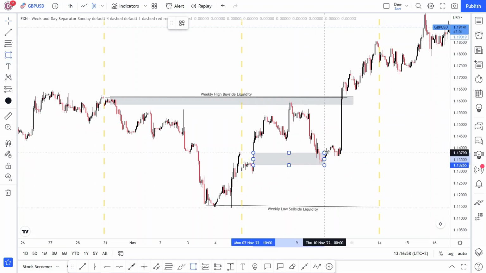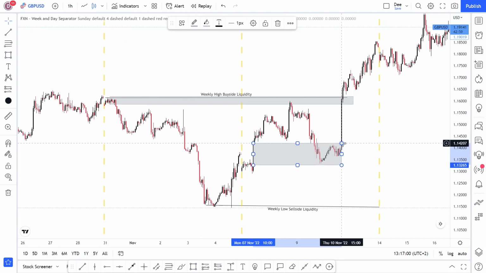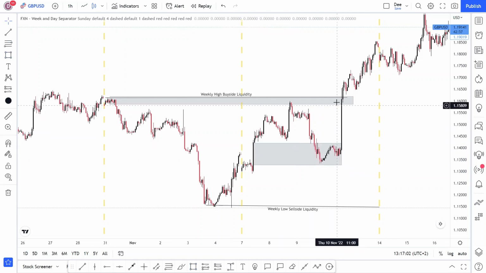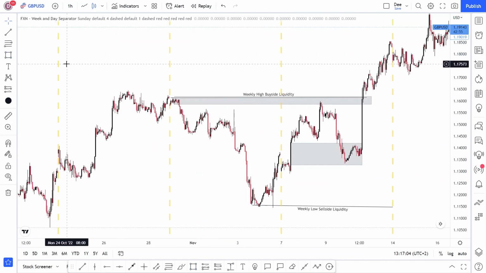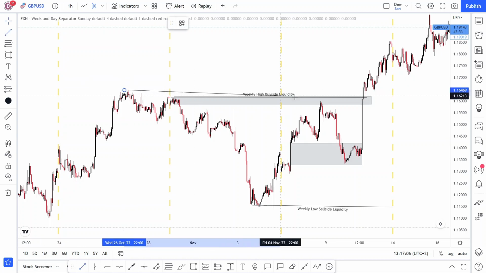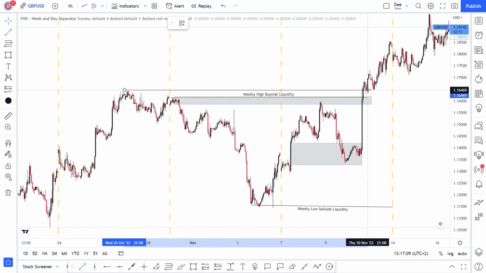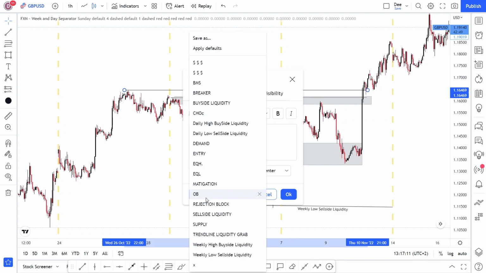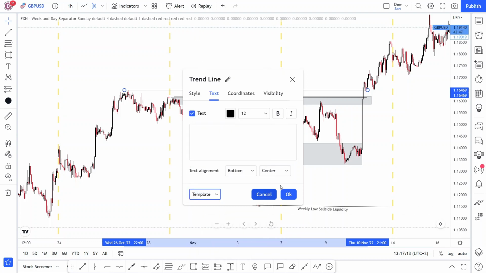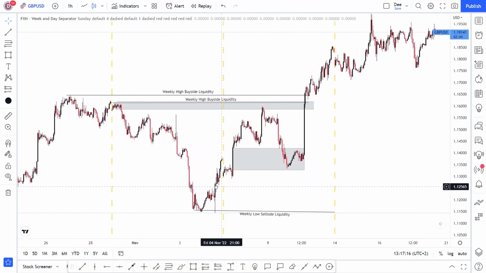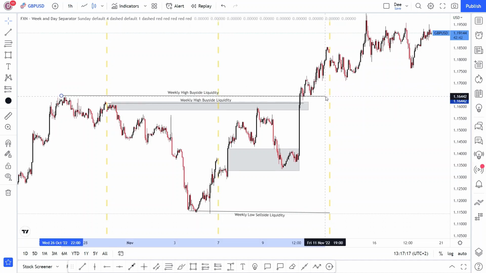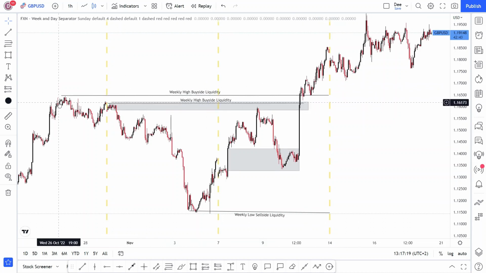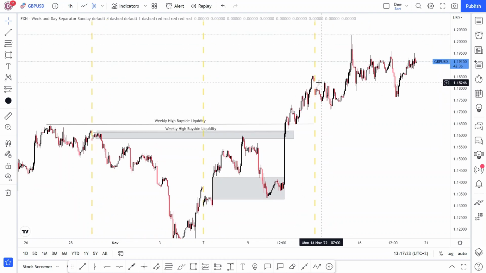They come to grab this buy side and sell side liquidity before they break through it, right? So we had that weekly high there that was never traded through. We had this weekly buy side liquidity that was never grabbed. So they come and test this weekly resistance as a new support and continue to the upside. Okay.